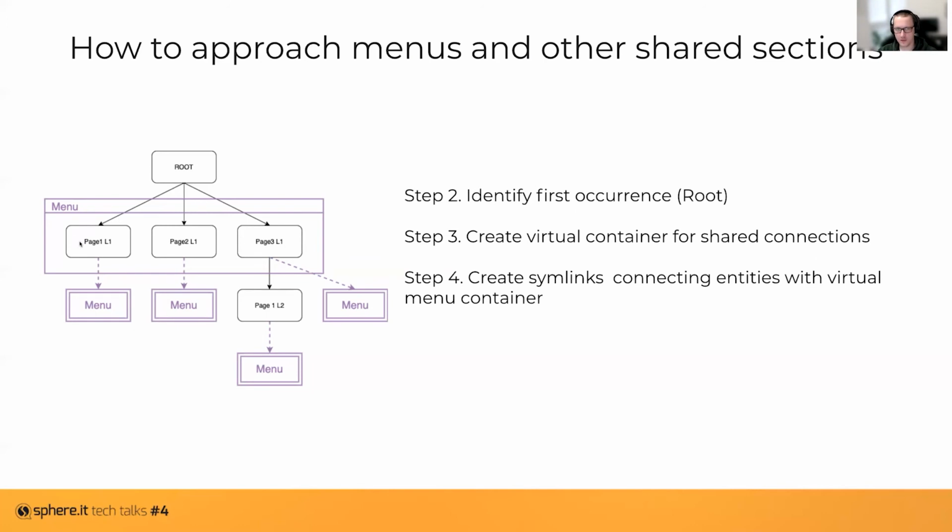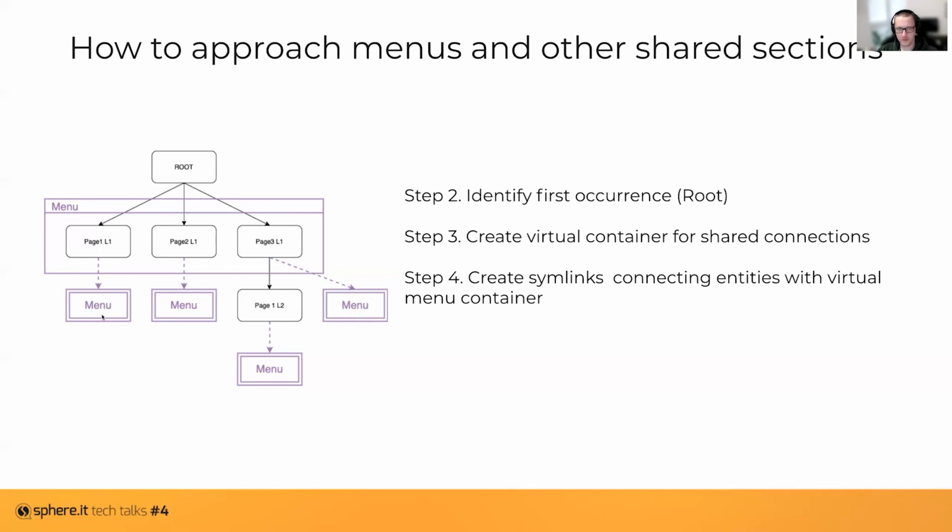So instead, for example, of page 1 connecting to page 2, page 3, and having a connection to itself, we use the virtual container many, and draw the connection directly from page 1 to the many container.